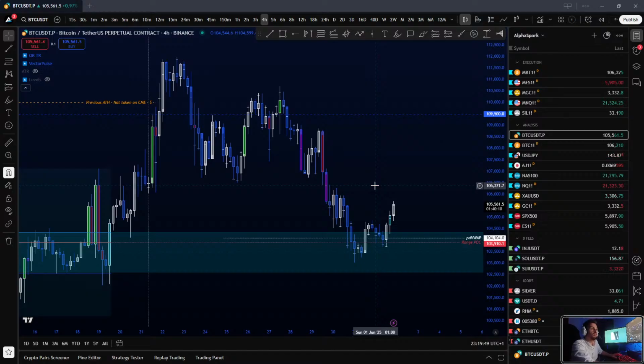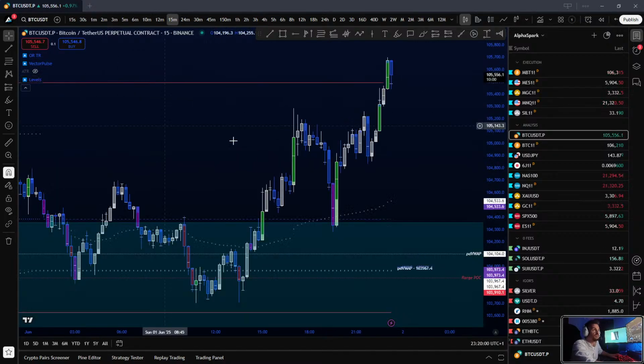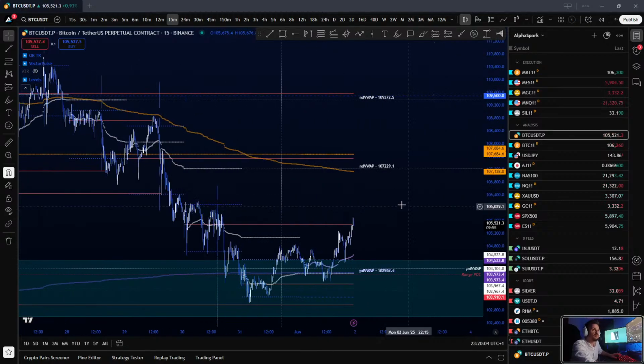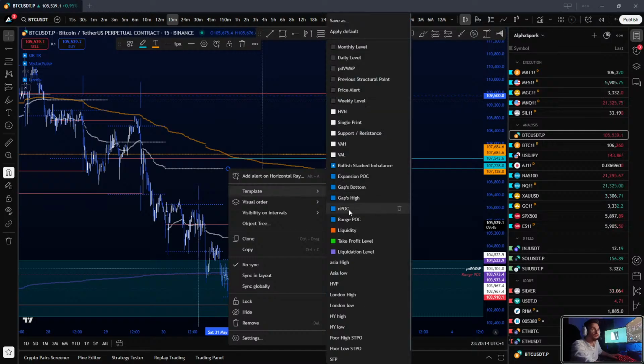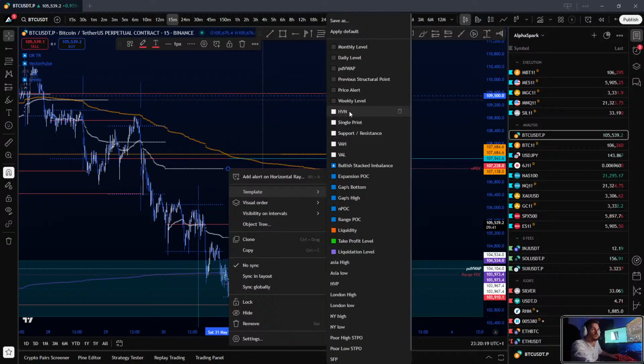For the time being and for a very short term, I'm thinking longs, at least until we get to this area. So first of all, let me check on the 15-minute. What levels do we have here and mark them out. So we have the previous day VWAP up there, also with a naked point of control.